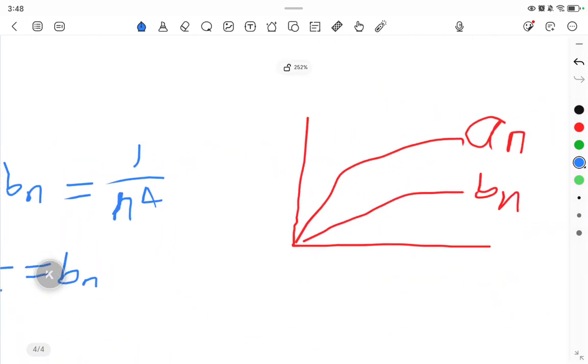Bn converges. In other words, Bn goes down. When Bn approaches 0, this An is not approaching 0. An will remain constant.